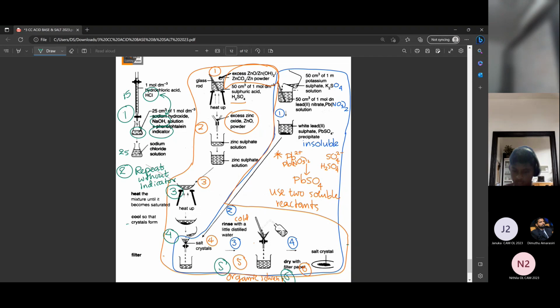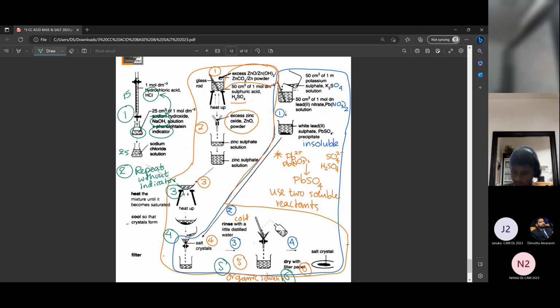Titration method. Measure 25 cm cube of sodium hydroxide and phenolphthalein indicator into the conical flask, and add HCl from the burette until it changes color. Measure the volume. Repeat the titration. Heat the mix until the saturation point.